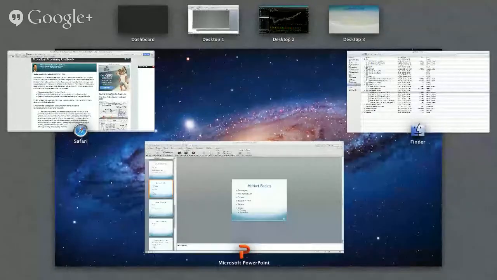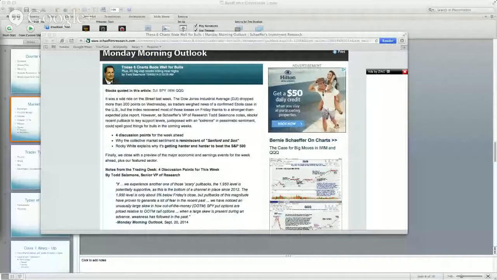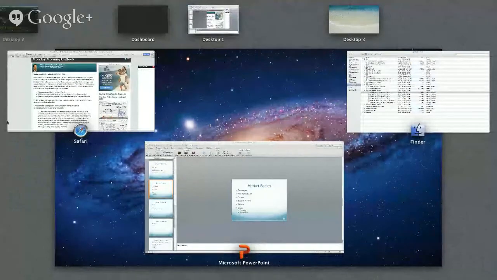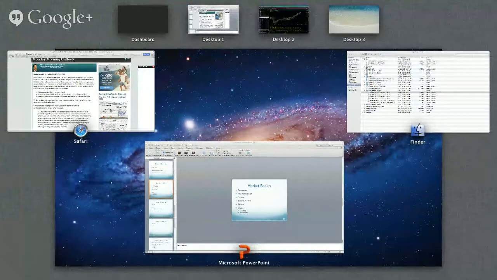I know what I'm doing here. I just got to get the right screen up. No, it's not on yours, it's on mine, so I can see.